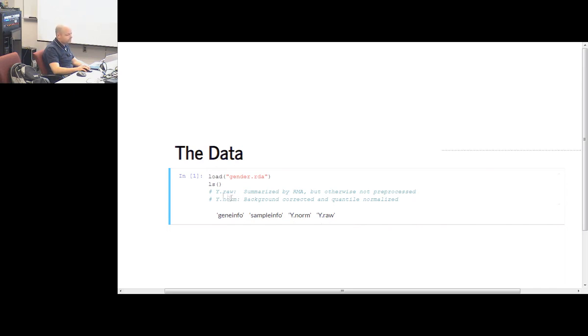One is the raw data, which is to say that it's been summarized by RMA, but without the quantile normalization or background correction steps. And then I also have the more standard normalized version, which has been background corrected and quantile normalized.